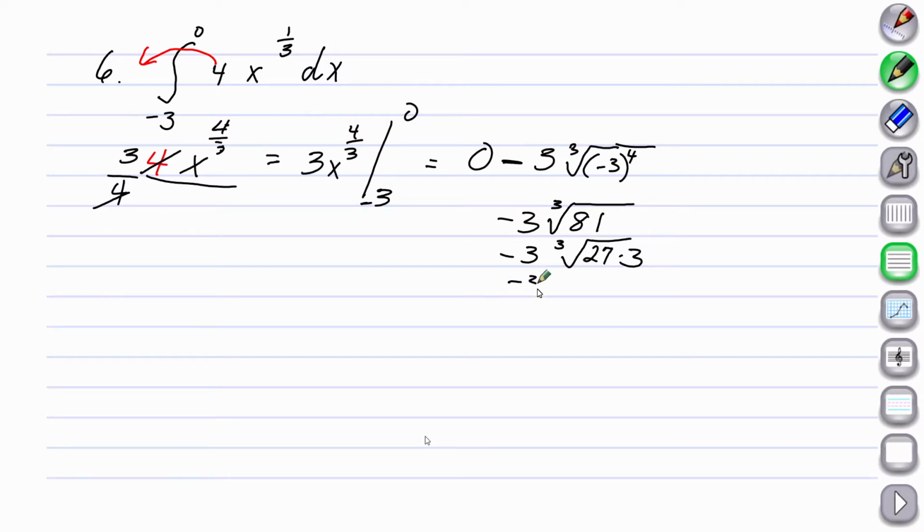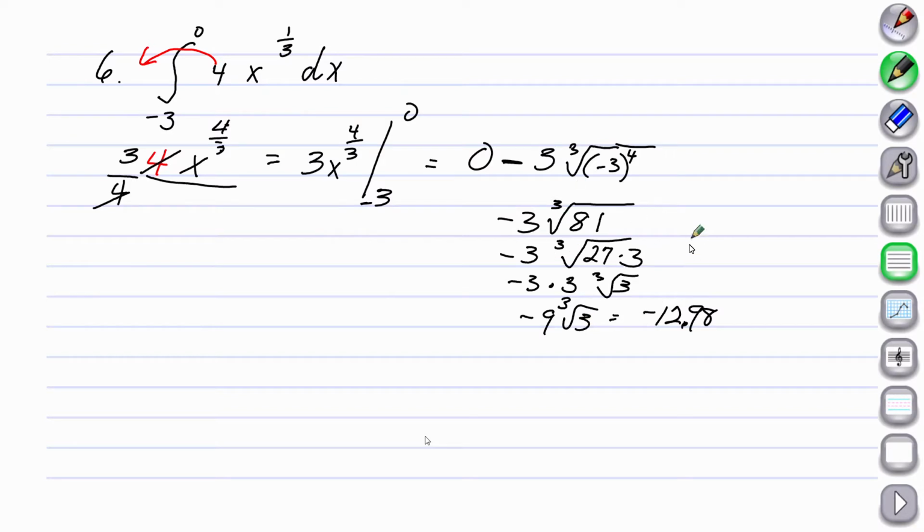So we got -3 times 3 times the cube root of 3. So I end up with -9 cube root of 3. Or if you convert it, look up the cube root of 3 and you multiply it by -9, you get about -12.98.